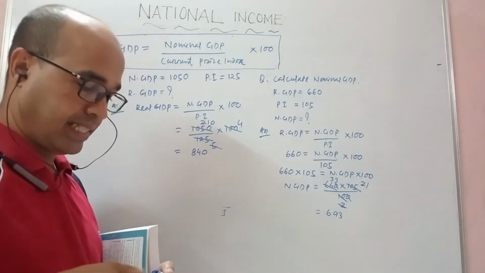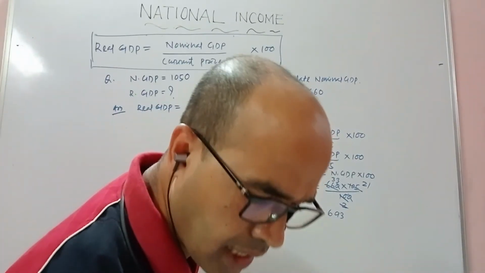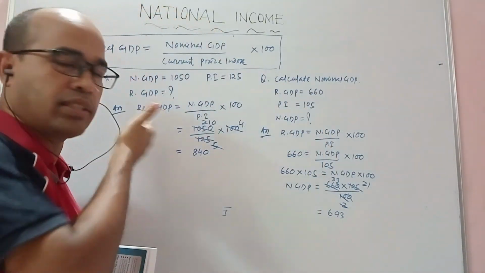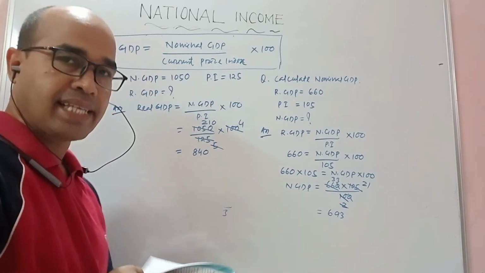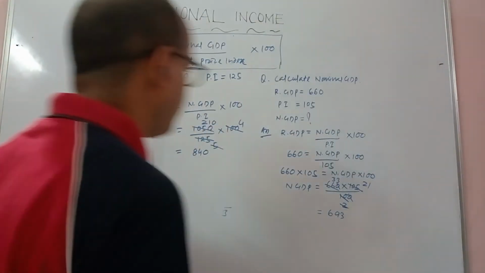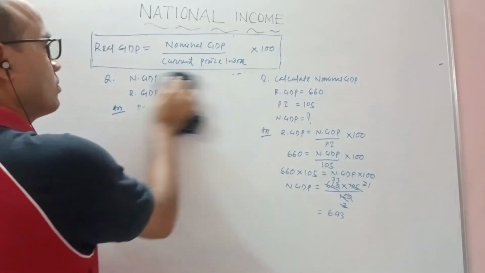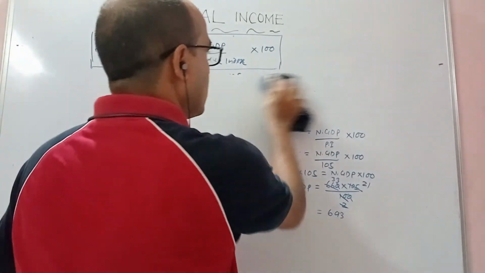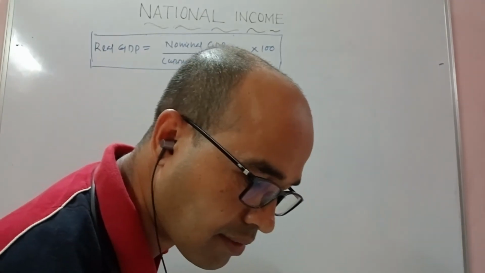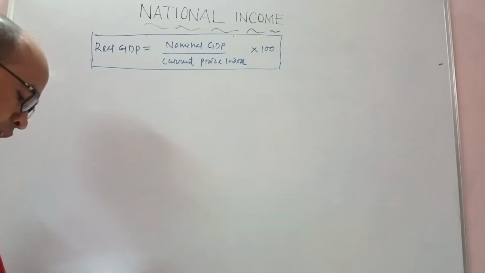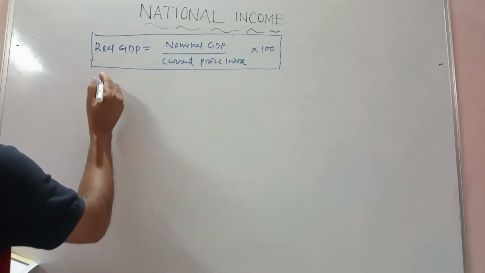Calculation of price index. Dear students, by this formula you can calculate the price index also. Suppose you want to calculate price index. How to calculate price index? Question for you. Okay. What the question?